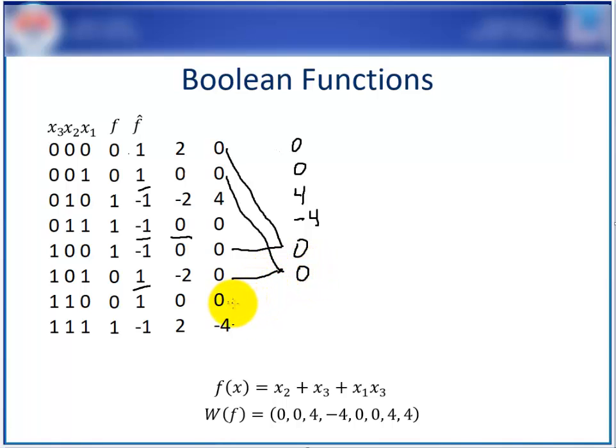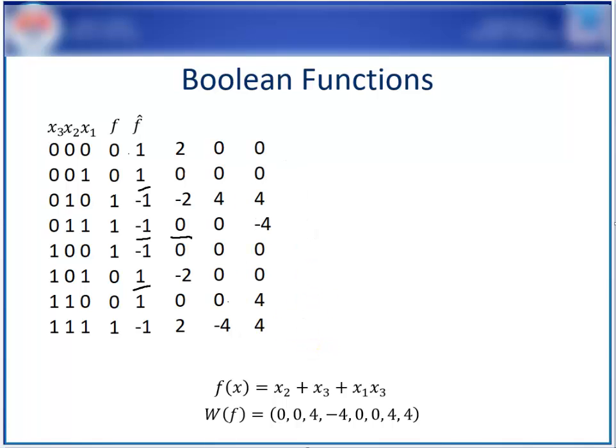Subtracting this element from 4 gives us 4 minus 0, 4, and subtracting minus 4 from 0 gives us plus 4. Thus, we obtained the same Walsh-Hadamard transform vector as in the previous case.